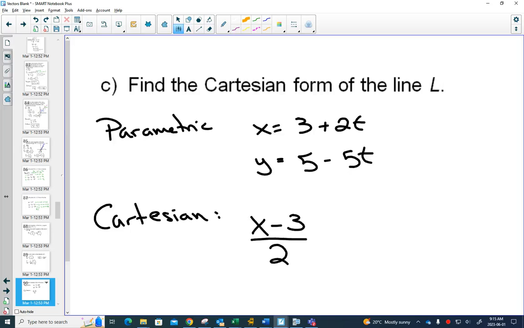So in the first equation, if I got t by itself, it would be x minus 3 over 2. For the second equation, if I got t by itself, it would be y minus 5 over -5. And we have the Cartesian.